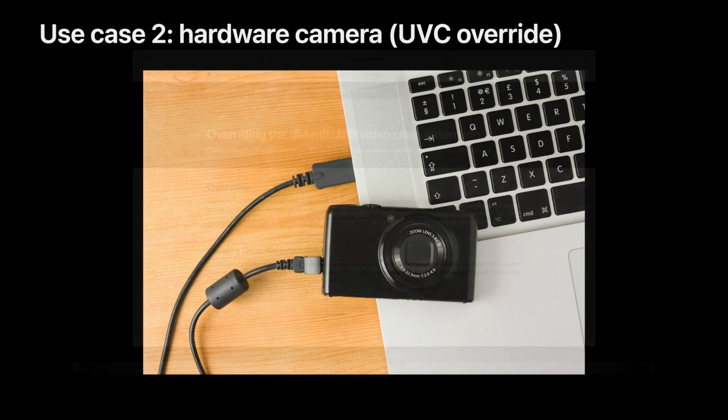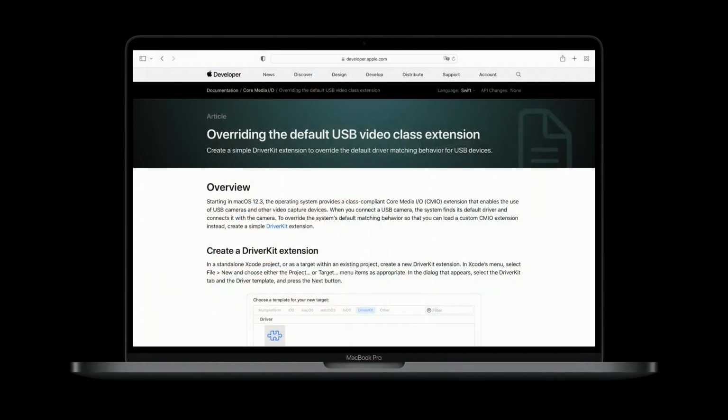If you're interested in learning more about it, please refer to the article at developer.apple.com entitled Overriding the Default USB Video Class Extension. It explains how to create a minimal DEXT bundle and which IOKit personalities keys you need to override in your info plist.